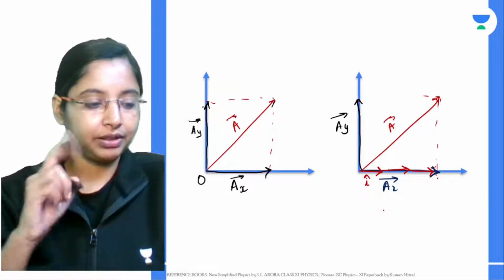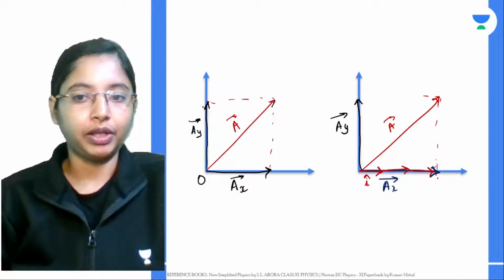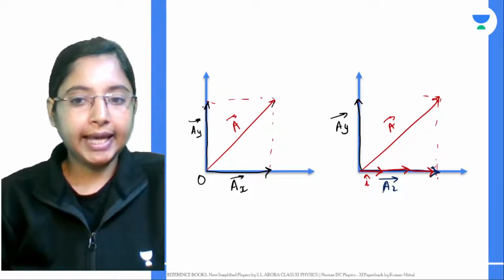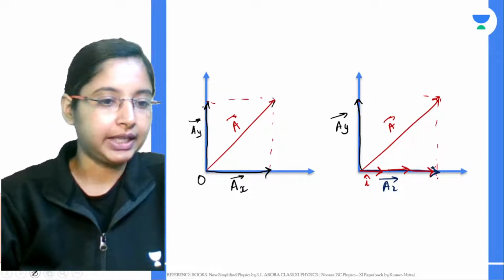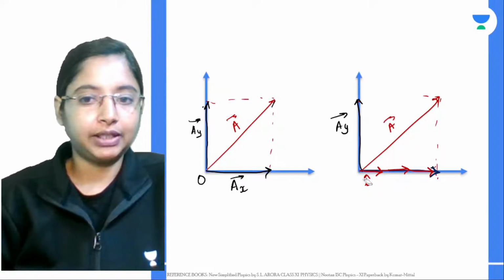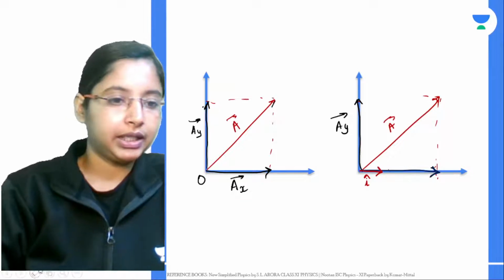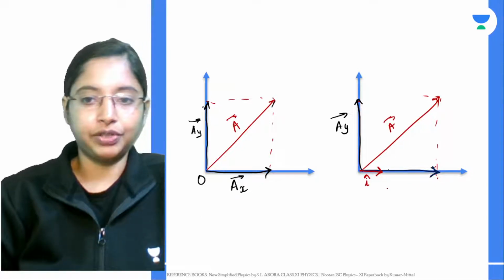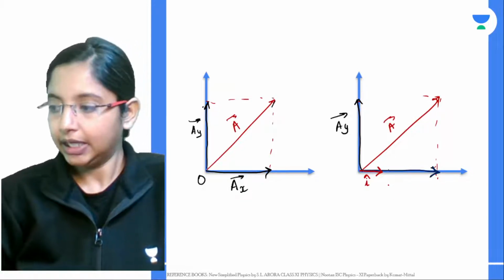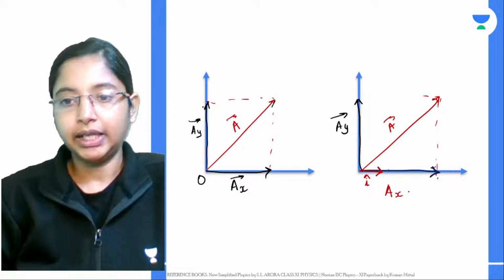So the ax vector, in terms of unit vectors, we can write as the magnitude of this value over here, which is given by ax, into I cap.